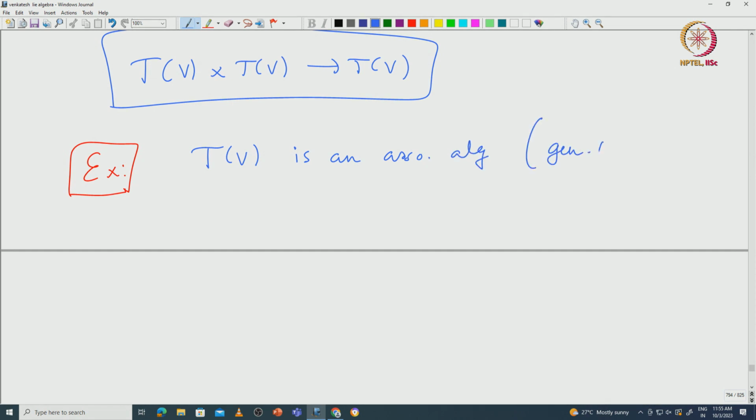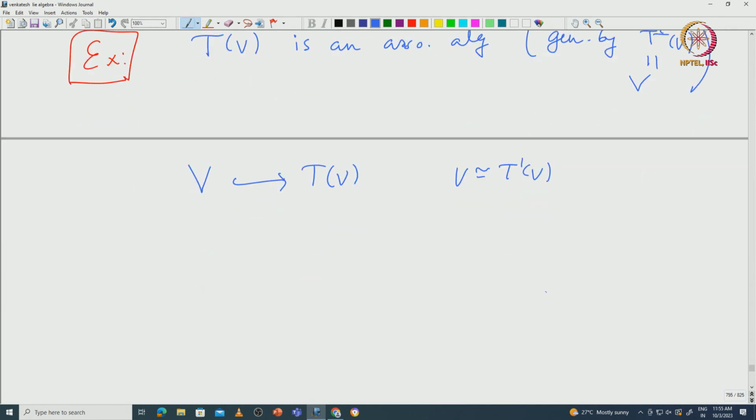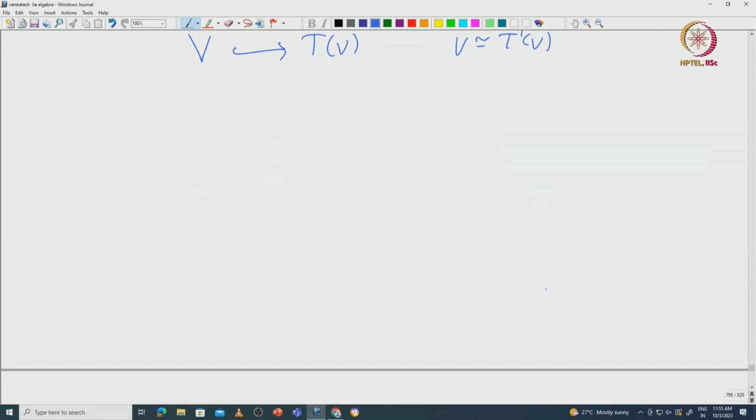So, T(V) is an associative algebra, generated by T^1 V, which is exactly isomorphic to V. So V sits inside T(V) as we identify V with T^1 V. There is a natural way of defining this using commutative diagrams or universal properties.